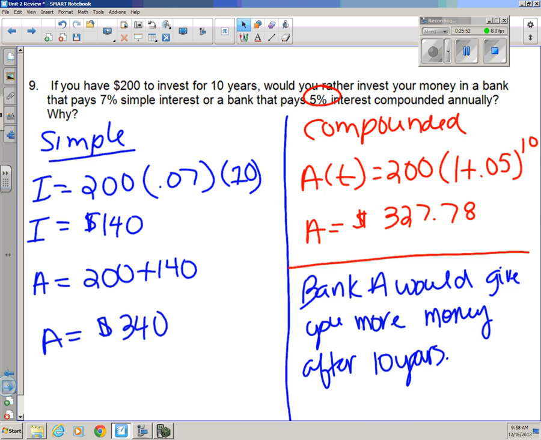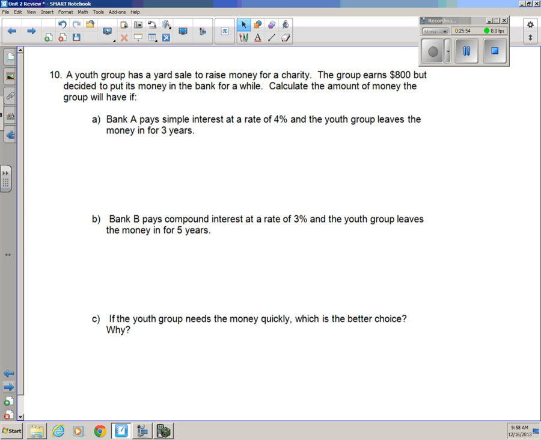Okay, a youth group has a yard sale to raise money for charity. The group earns $800 but decides to put its money in the bank. Calculate the amount of money the group will have if Bank A pays simple interest at 4% and they keep it in the bank for 3 years.